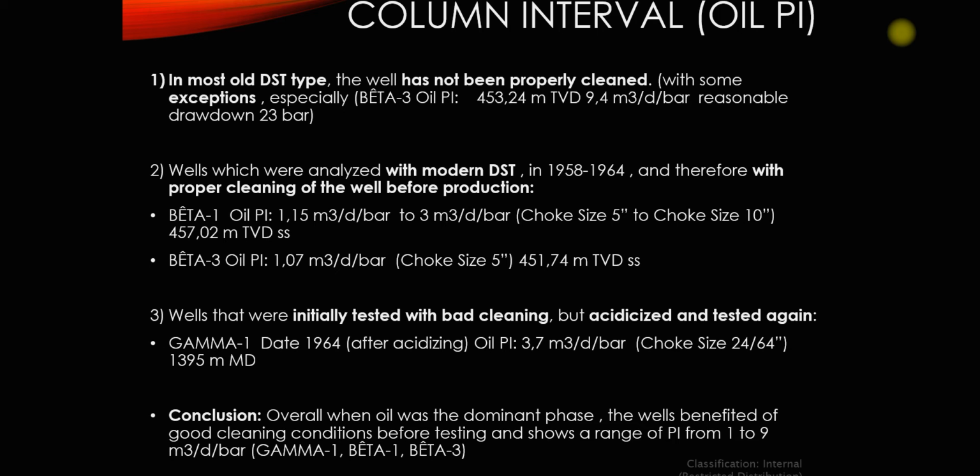And so this PI can be trusted. So overall, when oil was the dominant phase, most of the wells, I'm not saying in general, but for this field, benefited from good cleaning conditions before testing and show a range of PI from 1 to 9 cubic meter per day per bar.